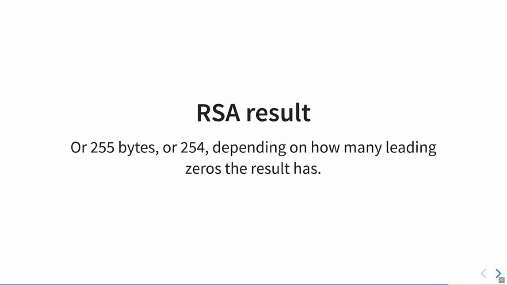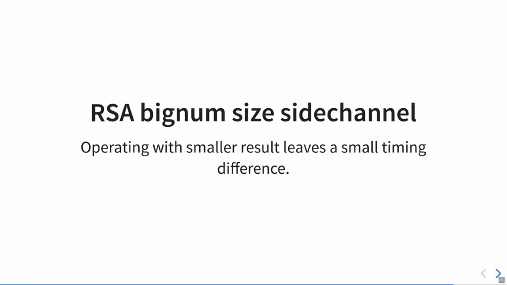So simply the fact that this big num library has a variable size may give you another timing signal, because storing 255 bytes takes less time than storing 256 bytes. So you may have a side channel due to the use of big num libraries with variable size.